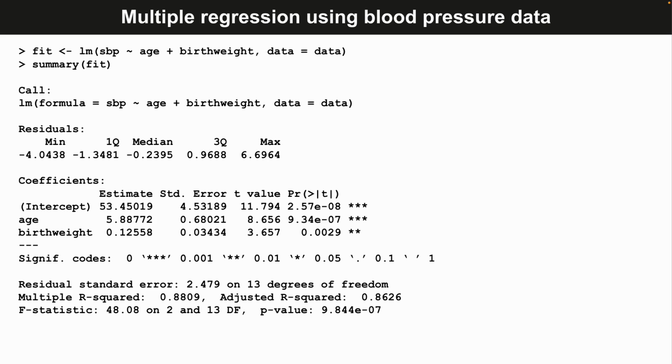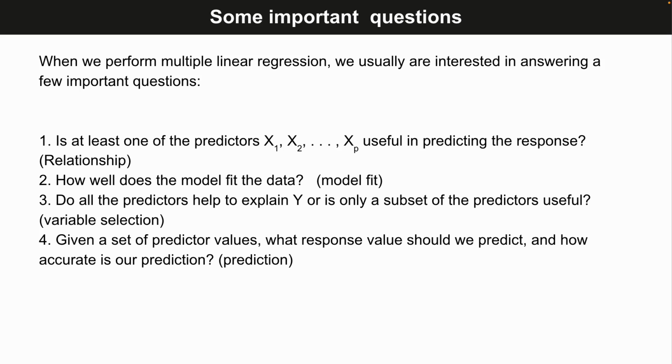If the p-value is not significant, we remove it, right? So these are some of the questions that you will ask if you're given a regression setting. We're coming on to what exactly problem we are going to focus on. The first question you'll be asking is: are any of these predictors, is at least one of these predictors, useful in predicting the response?